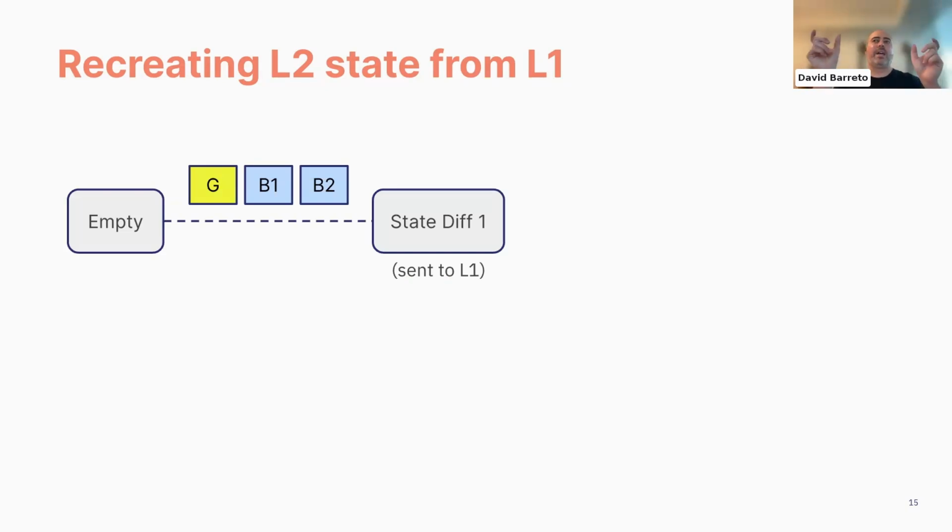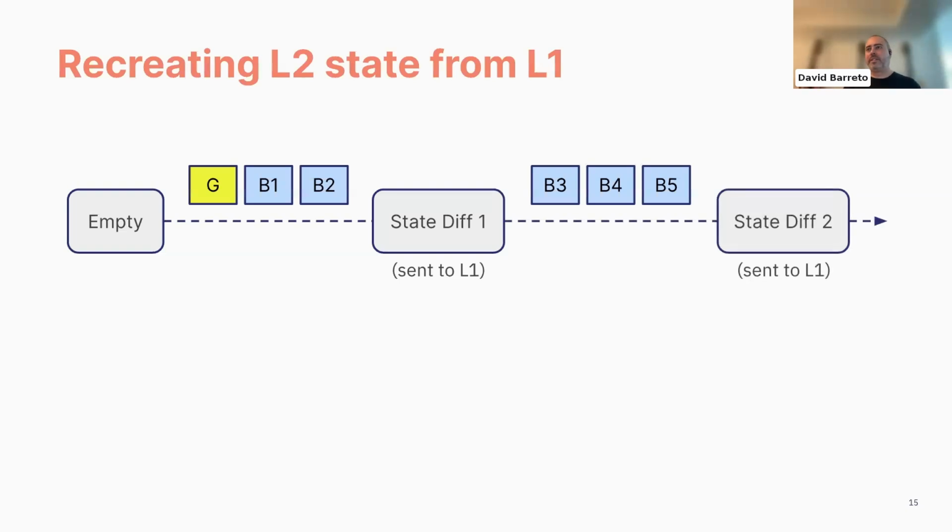Obviously the first time it is exactly the new state because it was empty. So you will send that to layer 1 as a blob. Then you will have more blocks happening over time, block 3, 4, 5, these are blocks on layer 2. And then after a while, you will say, okay, let's see how the state changed from the last time I sent the state diff to layer 1. And I'm going to send those changes to layer 1 again.